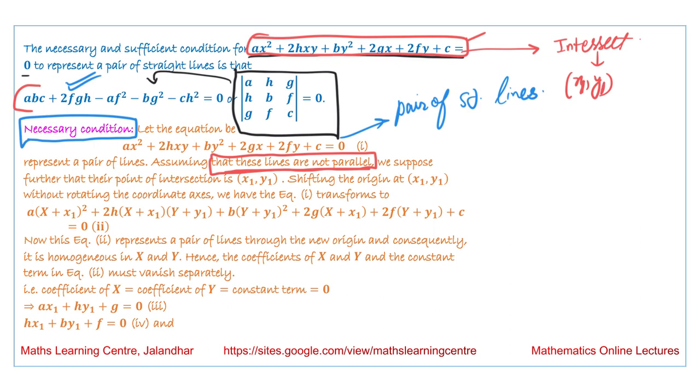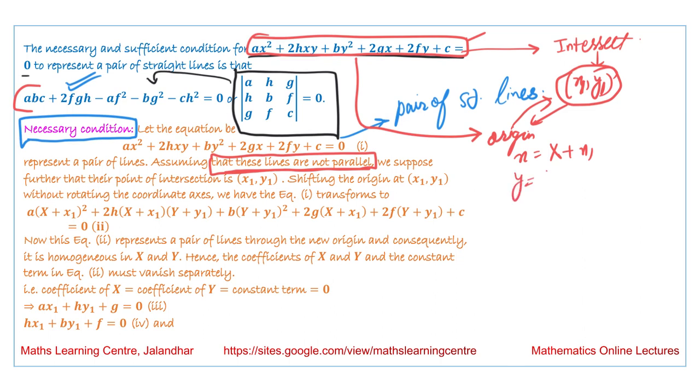Now we shift the origin to the point x1 y1, so that this point lies at the origin. The transformation we use is x equals x plus x1, y equals y plus y1, and we substitute these values in the given equation and obtain the answer in this form.